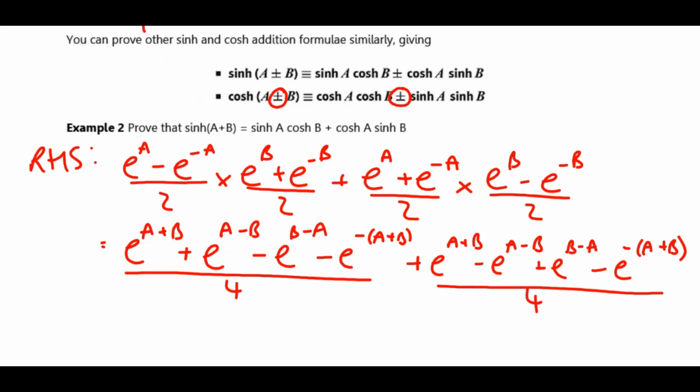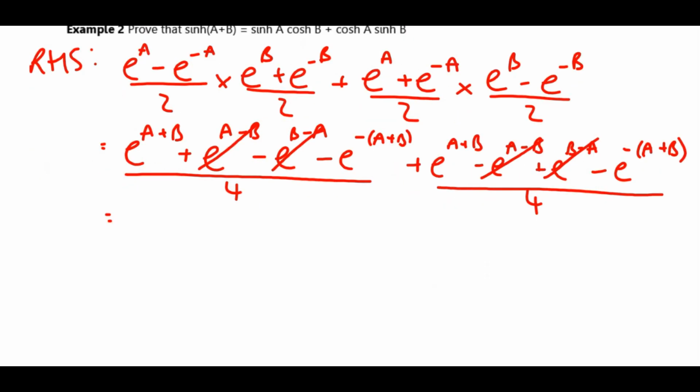Some of this stuff will cancel out. So you've got e to the A minus B minus e to the A minus B. You've got minus this one and plus this one, which will cancel. And then combining this together, you get 2 lots of e to the A plus B, minus 2 lots of e to the minus A plus B, all over 4.